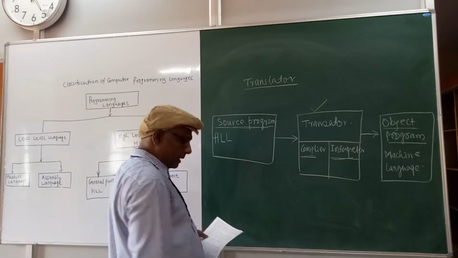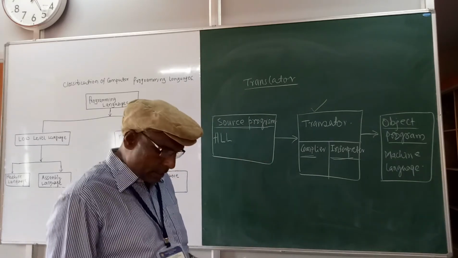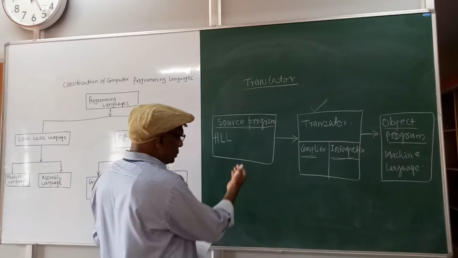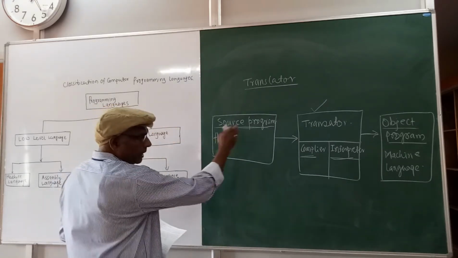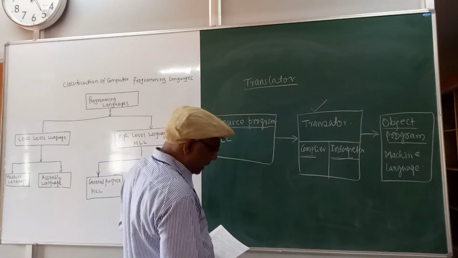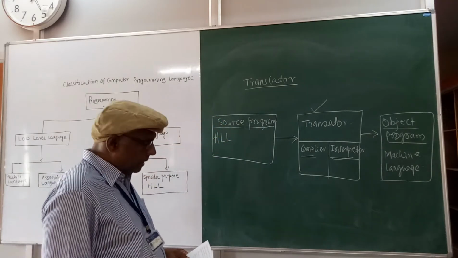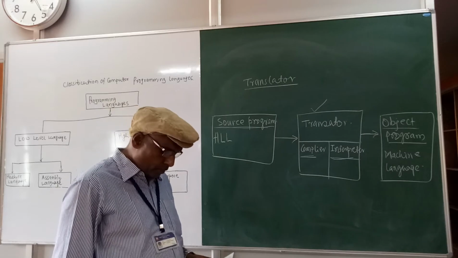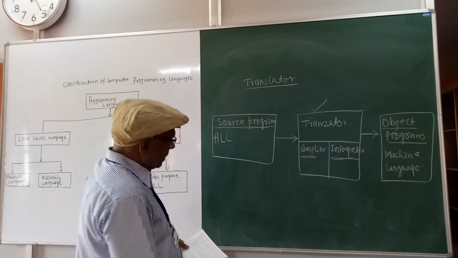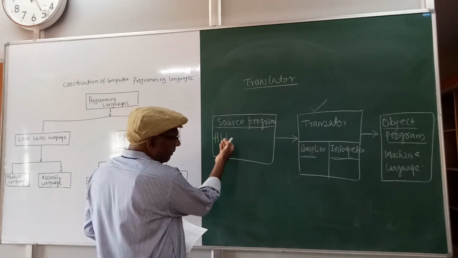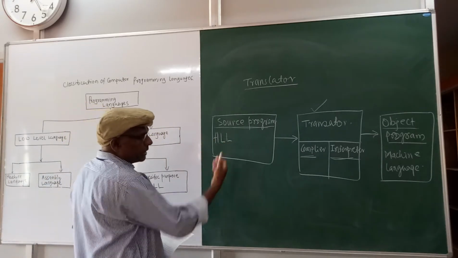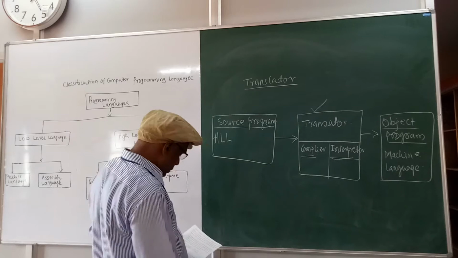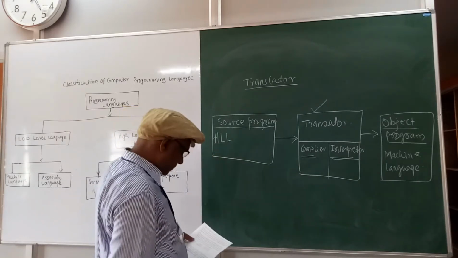The compiler and interpreter are the two translator programs that are used to translate a high level language program into machine level language program. Here the programs written in high level language are called the source program.